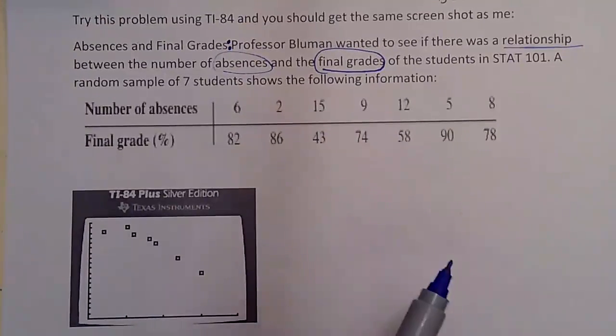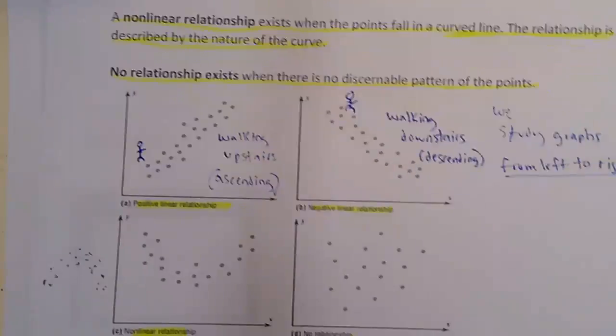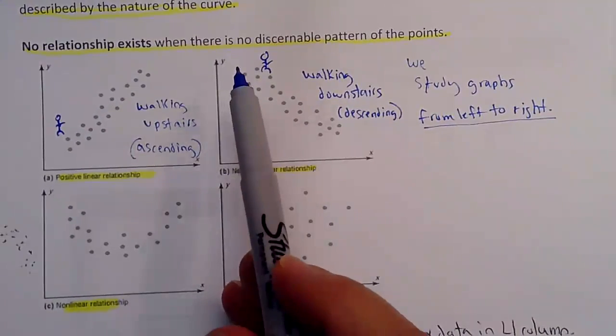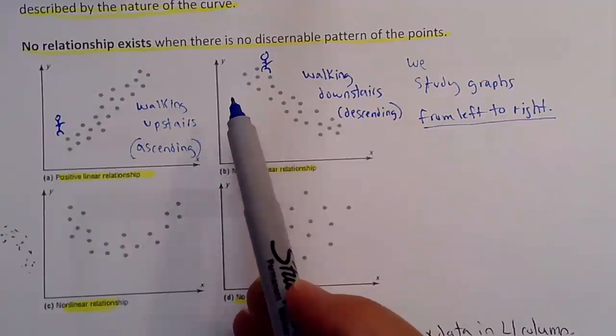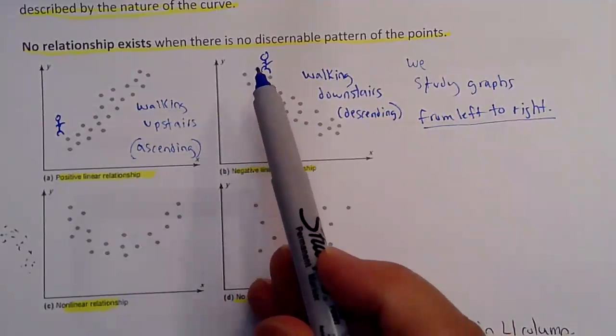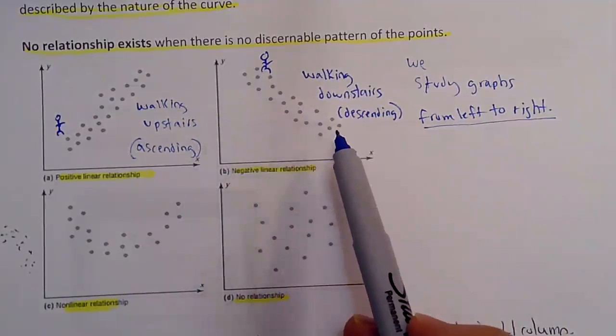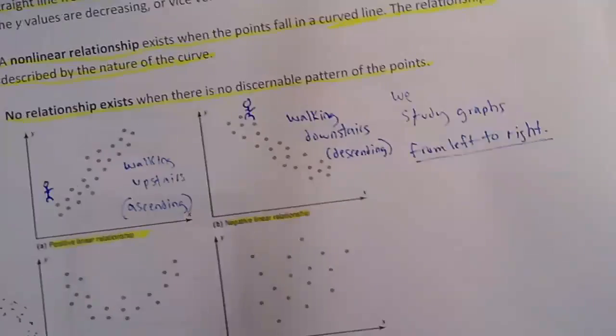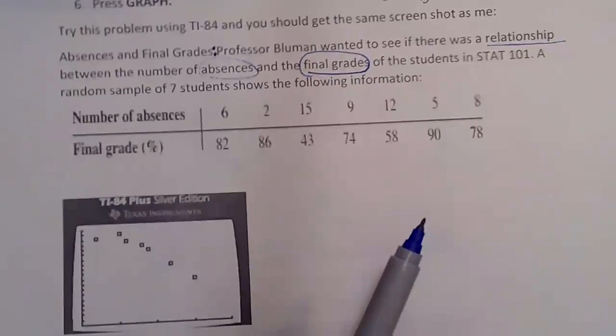If you look at your choices here, see this negative linear relationship? See how we always study graphs from left to right? See how we're walking downstairs, descending? Okay, and that's kind of what our graph is supposed to look like.